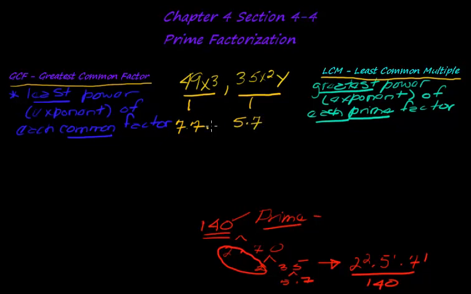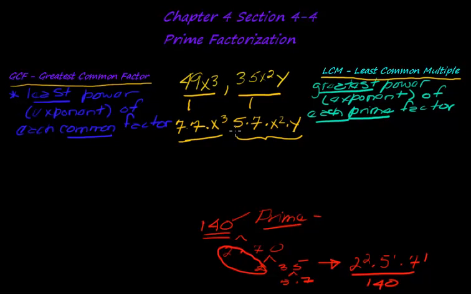Now, of course, this is 7 times 7 times x to the third, and this is 5 times 7 times x to the second times y. So here are the prime factors as we've done this. To find the greatest common factor between these two polynomials, we take each common factor, which means it has to be common to both, to the least power.